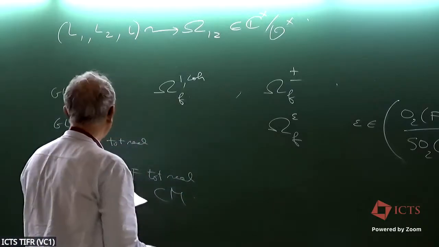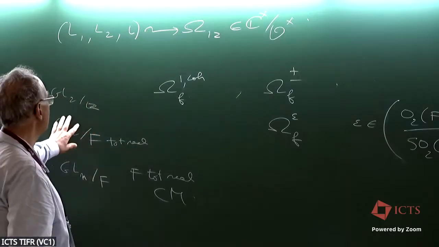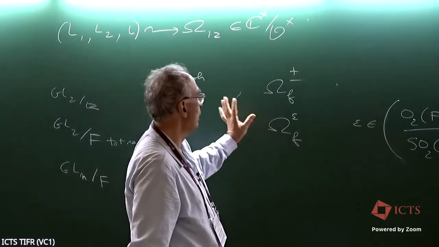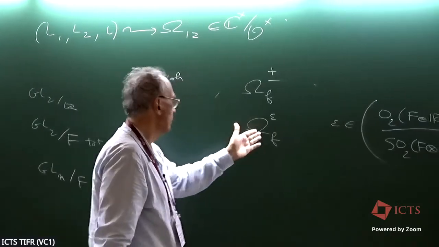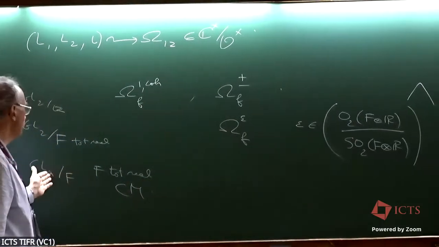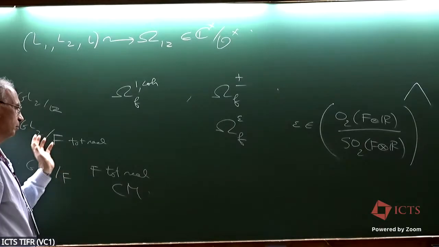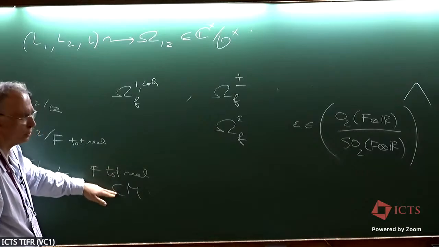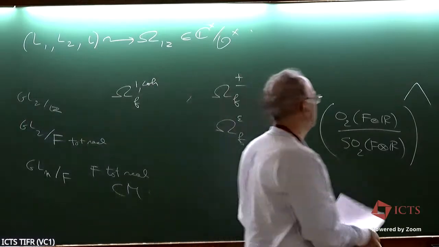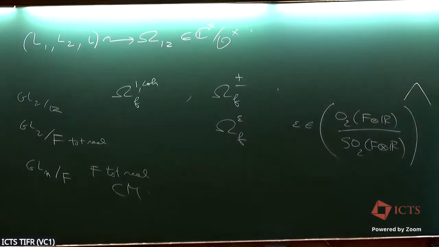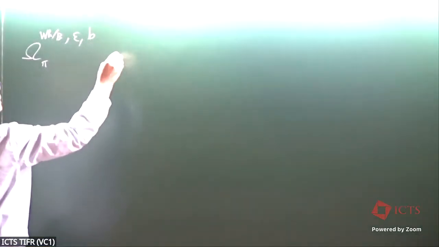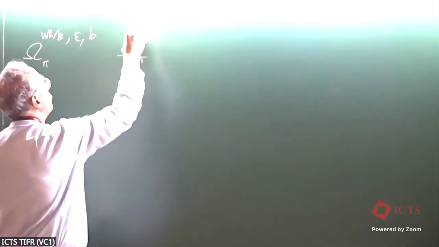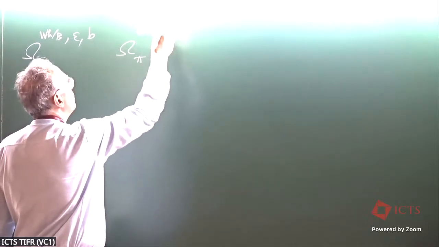Again, these are periods of the type Fourier-Betti, epsilon part of Betti, and here it will be Whittaker, epsilon part of Betti. In the real case, there is an epsilon. In the CM case, there is no epsilon. So we are now defining these periods: omega pi, Whittaker, Betti, epsilon, bottom, and omega pi, Whittaker, Betti, epsilon, top.